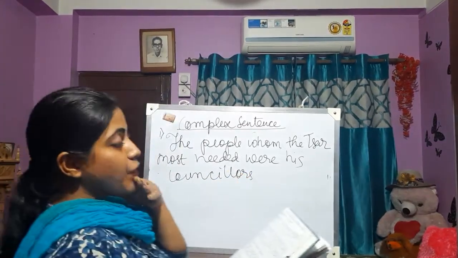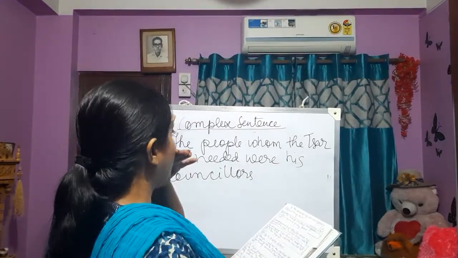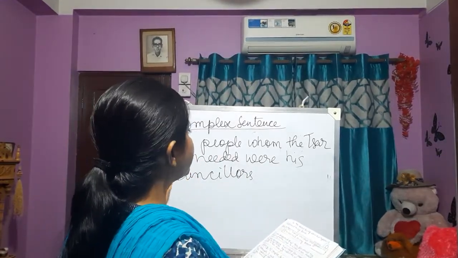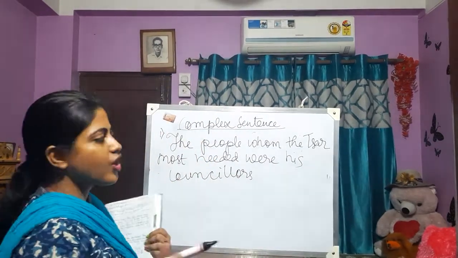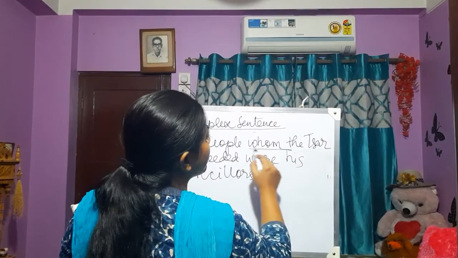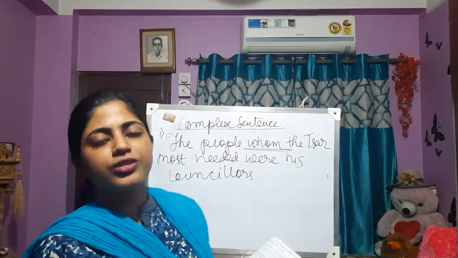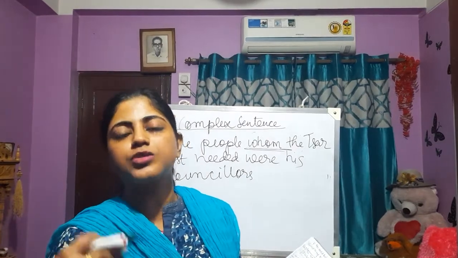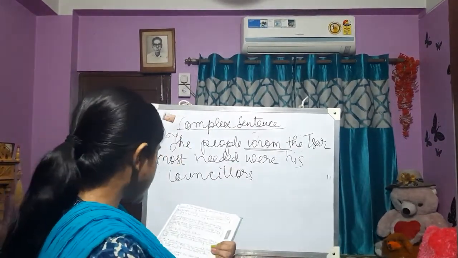This sentence is from the text, The Three Questions. Now this sentence is not very large, but as it is joined by the word whom, and in the very beginning of my video I told you that words like whom and which are used to make a sentence more complex, to enlarge it, this is a complex sentence.